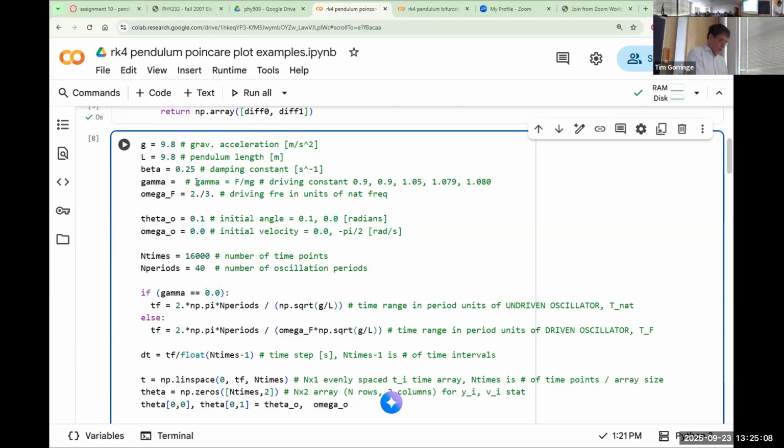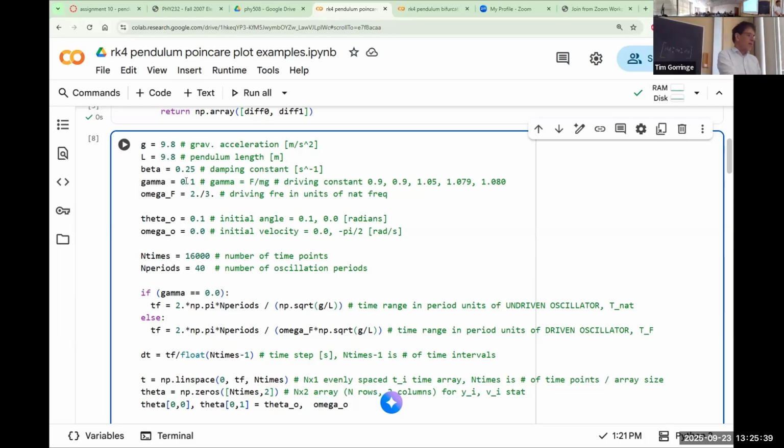This time I'm going to vary the driving constant that sets the scale of the driving force, and I'm going to keep the frequency constant. As I say, that's the reverse of what we did in the last class, where we kept the driving constant and varied the frequency.